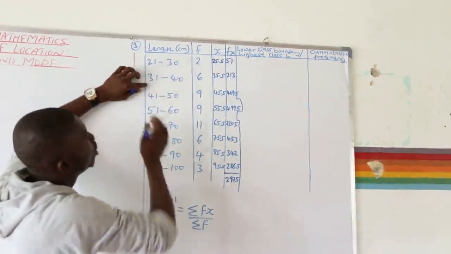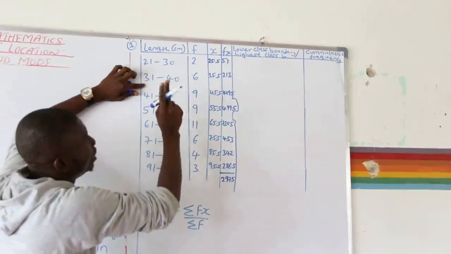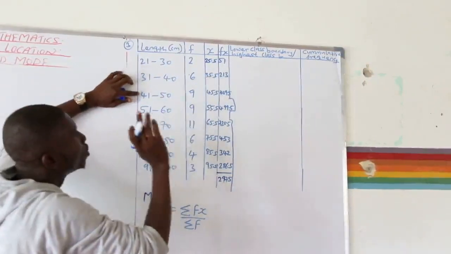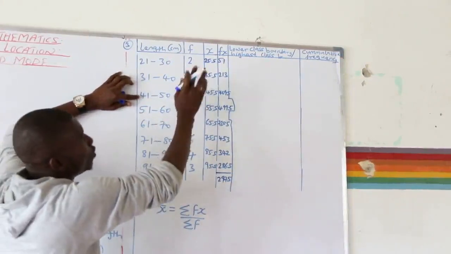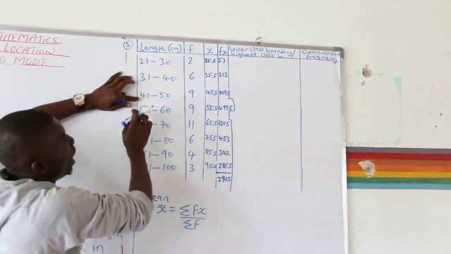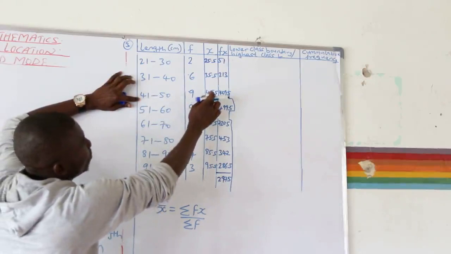For the second one, you add 31 plus 40, which gives 71, divided by 2, it gives us 35.5. It's a rule when finding the value of x under this interpolation. The third one, add 41 plus 50 divided by 2, gives us 45.5.